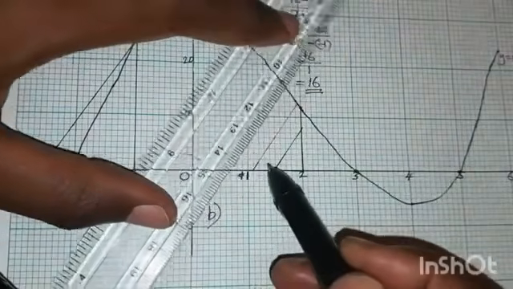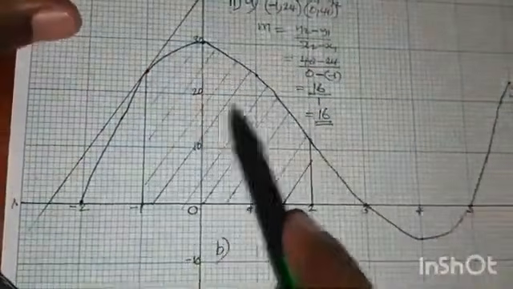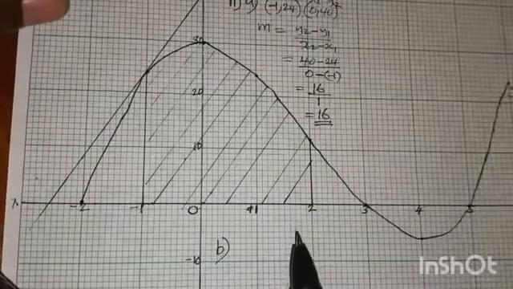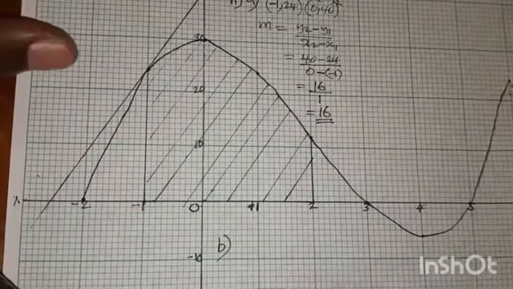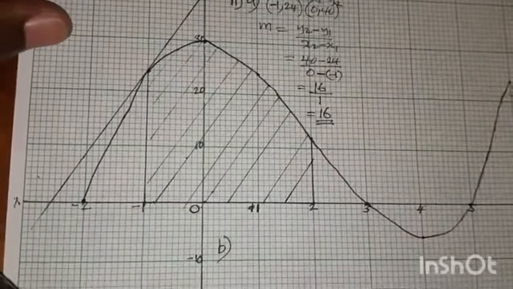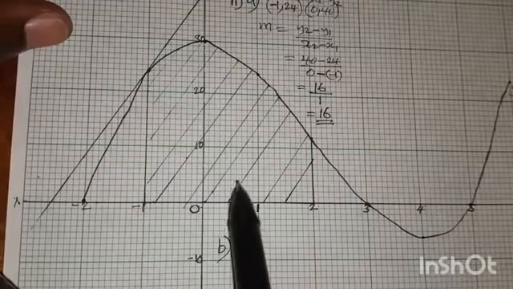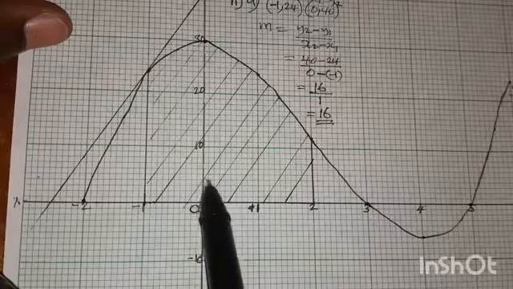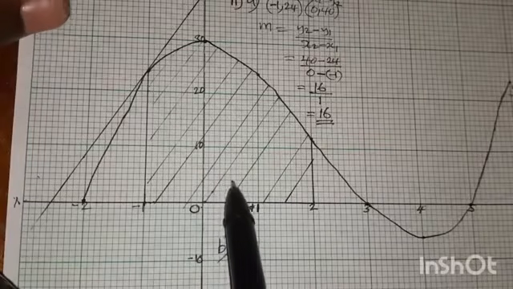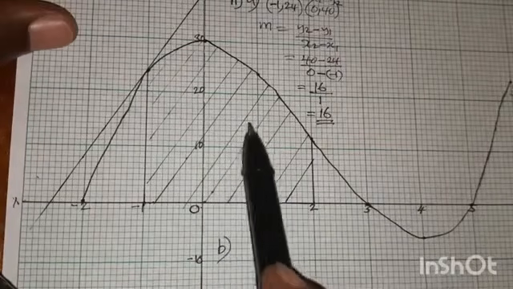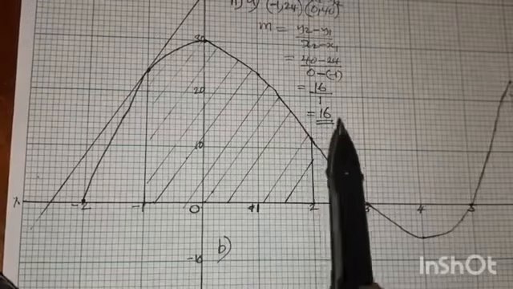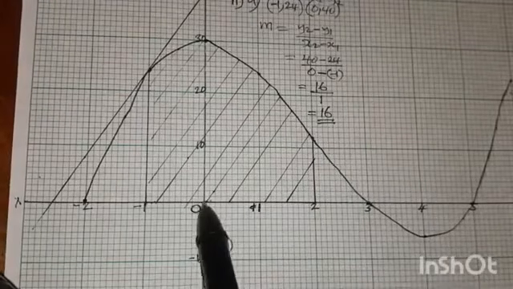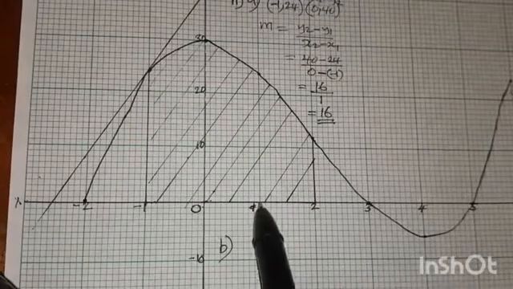You need to highlight this region so that you don't make mistakes. All right, so this is the region bounded by the curve where they want us to find the area. The first thing that you're supposed to do is to find the area of one square, and then we're going to use this area of one square to find the total area. From here up to here, it's 1.